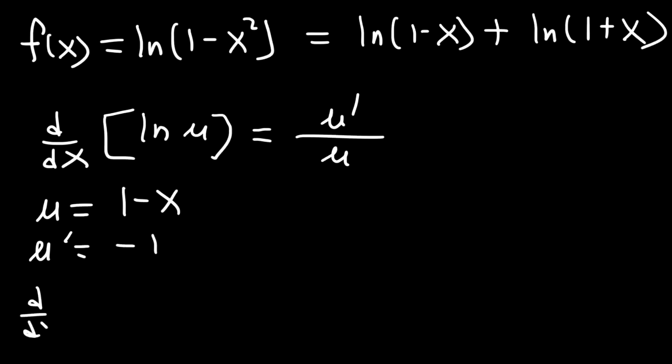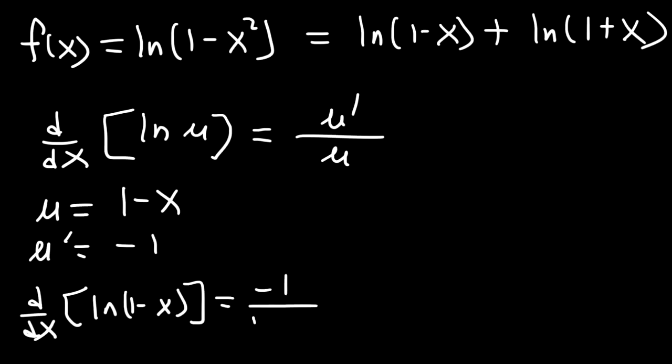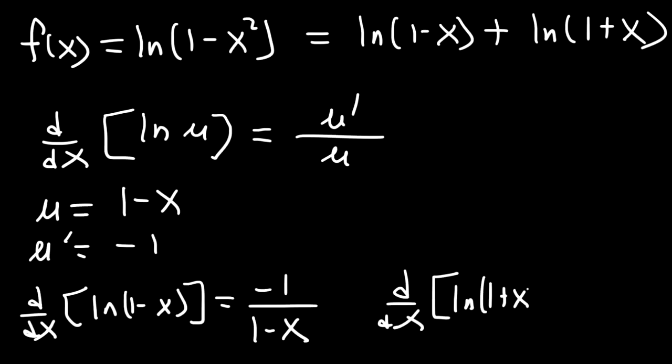So the derivative of ln(1 minus x) is going to be negative 1 over 1 minus x. Now what about the derivative of ln(1 plus x)? So this is going to be 1 over 1 plus x.